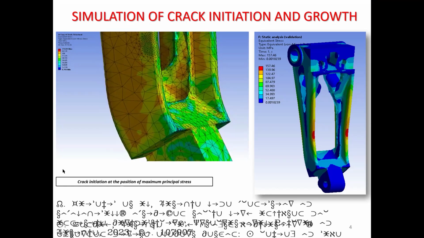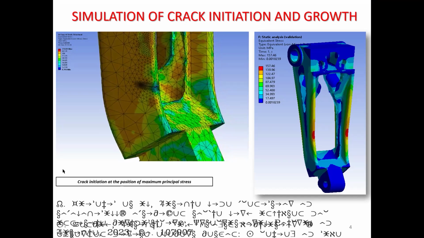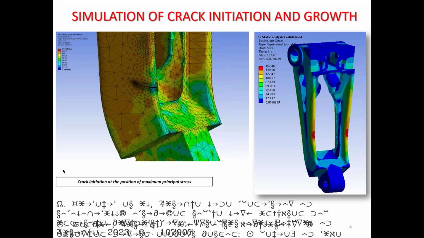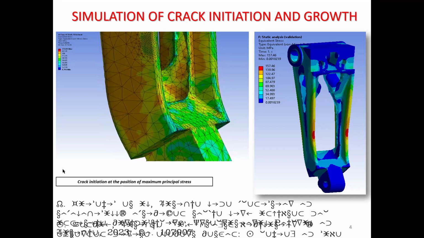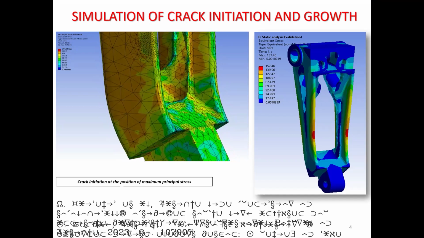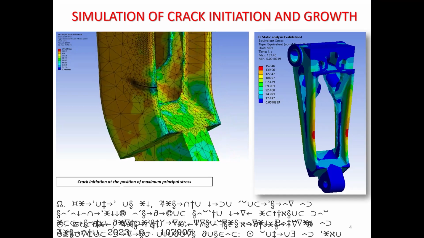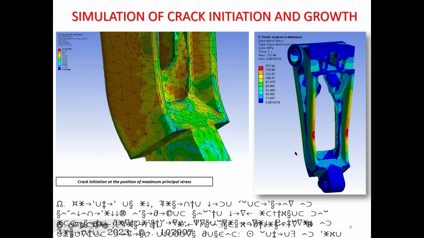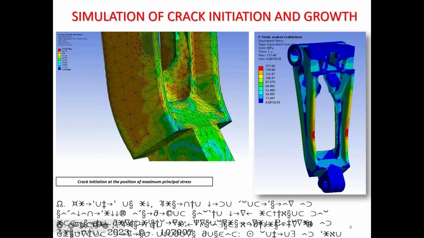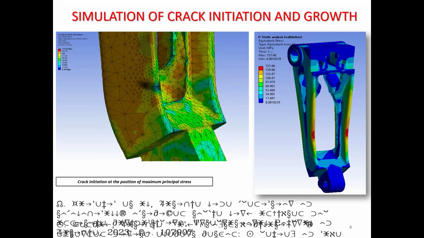Now here you can see, I will once again, that in the first second or two, nothing happens, and then the crack initiates. So this is the latest option that ANSYS is offering, and that is to simulate the initiation phase of a crack.